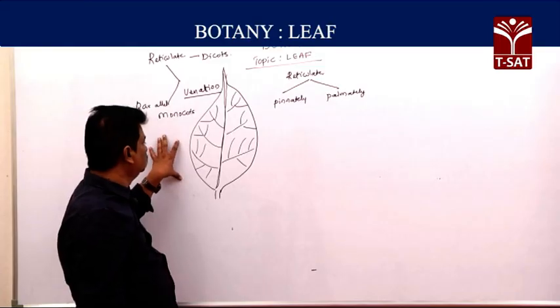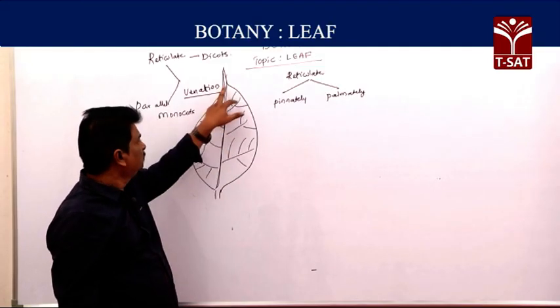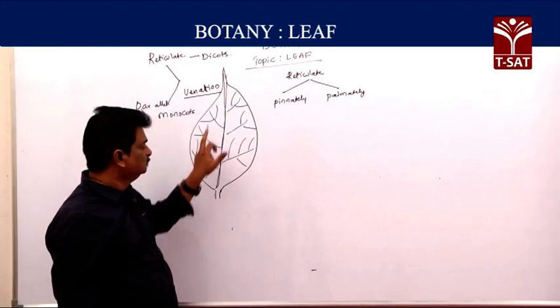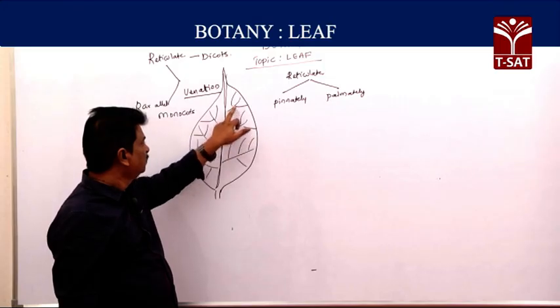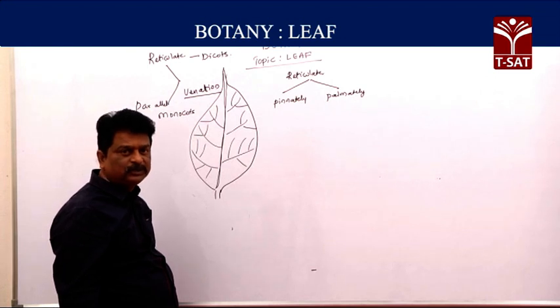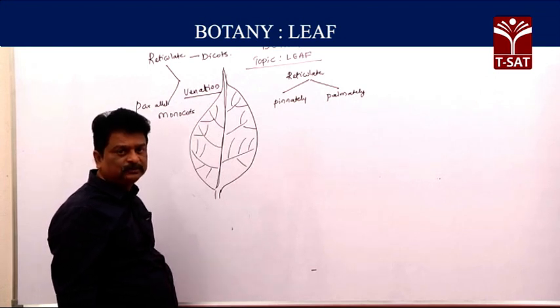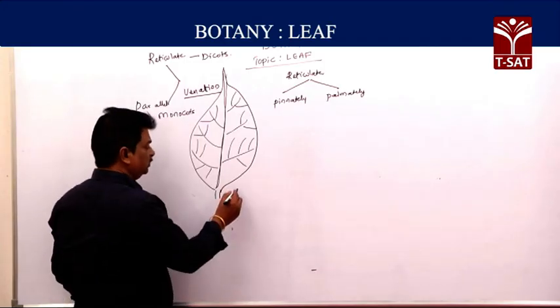So first one, reticulate venation. In this, the midrib runs from base to apex, and it gives lateral veins. From lateral veins, veinlets are formed, and the whole arrangement of veins and veinlets looks like a net on the lamina. So it is called reticulate venation.